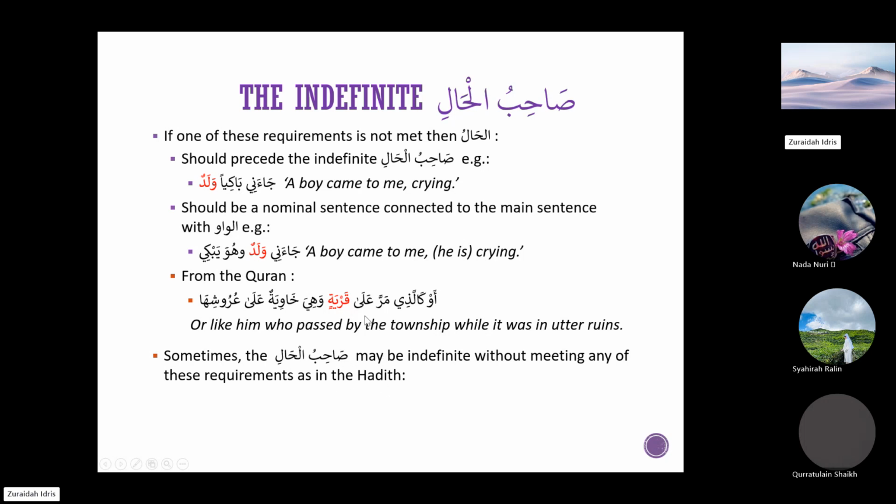In fact, this to me does not really meet, but okay, I'll check this back again. Because remember, if it doesn't meet the conditions, the first thing you do is you put the sahibul hal after. So this qaryatan, if that is the rule to follow, it should have come after the hal. This is what I'm saying. In this case, it's clear cut because we have a waw.